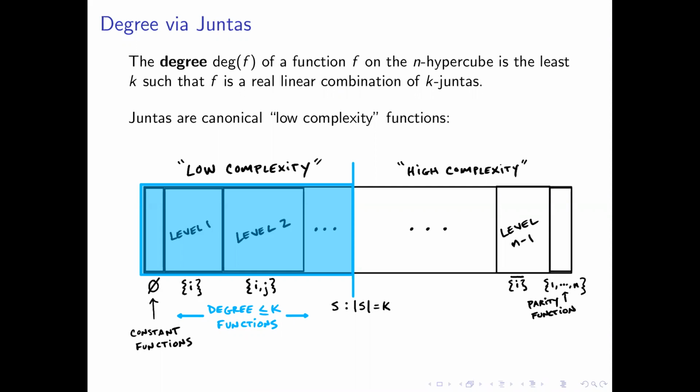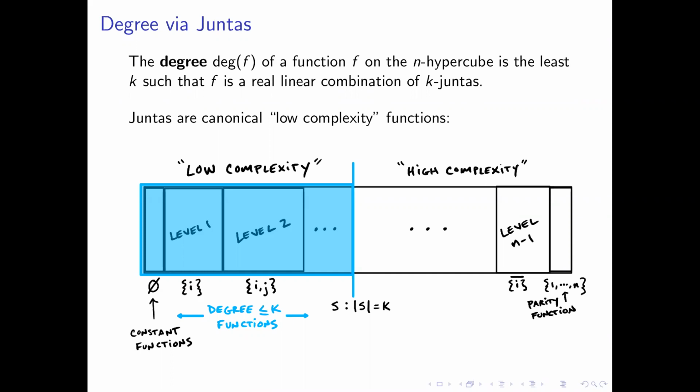When we're thinking about Boolean functions on the hypercube, we can think of this as a vector space that's graded by Fourier level, where I have Fourier level 1, which is indexed by the monomials or characters of degree 1, and then level 2, and so on.